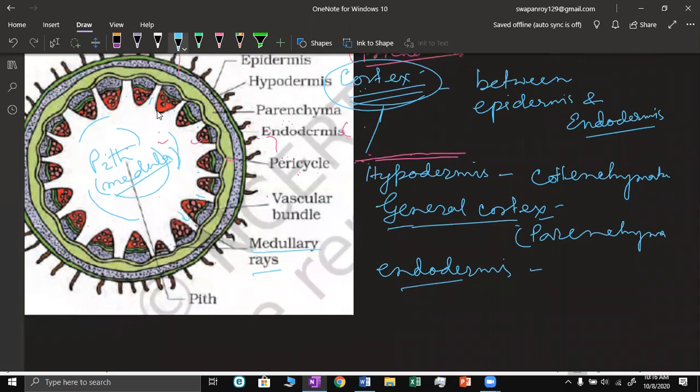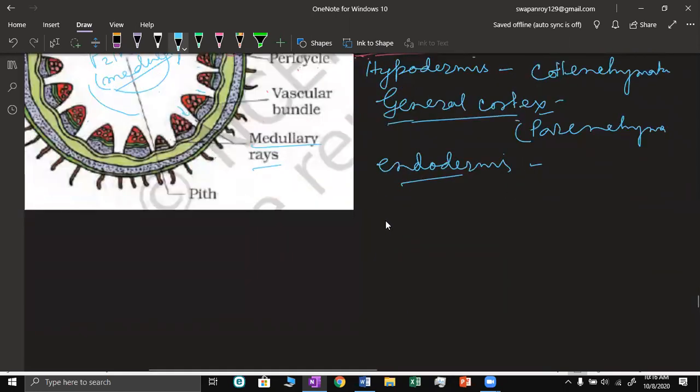An important point related to the anatomy of the stem is that vascular bundles, though many, have a limit.